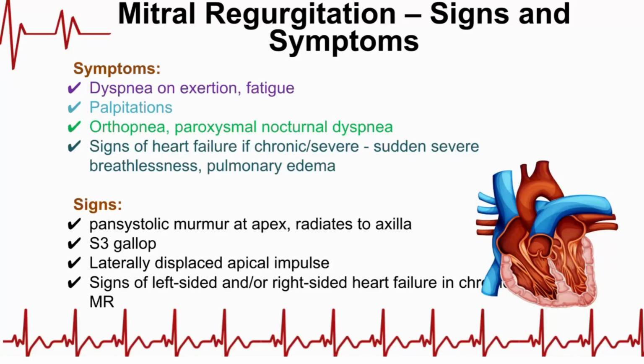Now, in terms of signs, from your physical exam, what you will hear is a pansystolic murmur at the apex, and this radiates to the axilla. You may hear an S3 gallop, and you may see signs of left or right-sided heart failure in a patient with chronic mitral regurgitation.